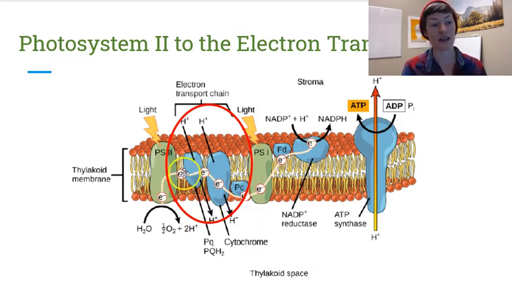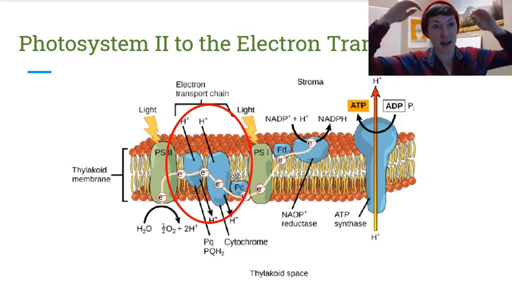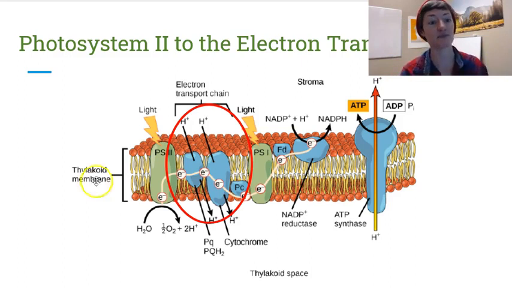So the electron here serves as a bit of a power source. Think about electricity as this transfer of electrons. So when you transfer electrons through these different protein complexes, you're basically plugging them in. You're giving them energy to do the job that they are set up to do, right? So each of these protein complexes is going to take protons, these H+ ions, and pump them into the thylakoid space.